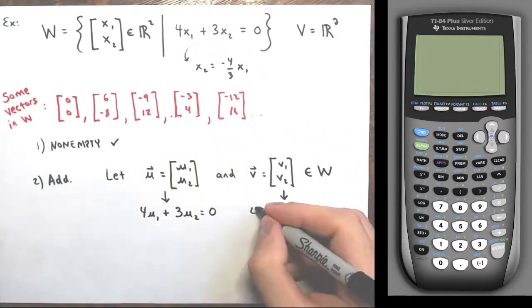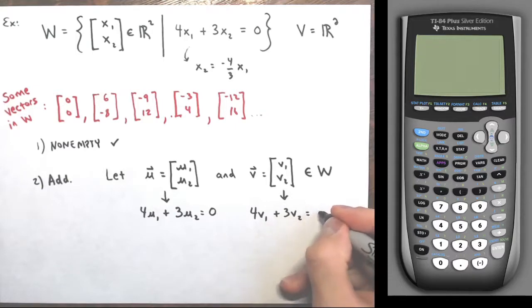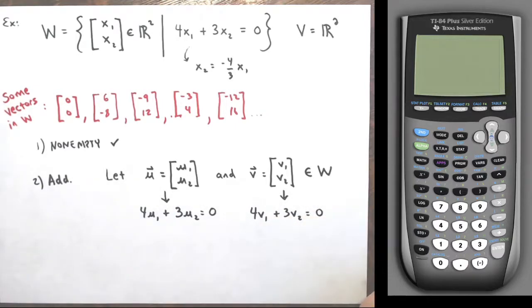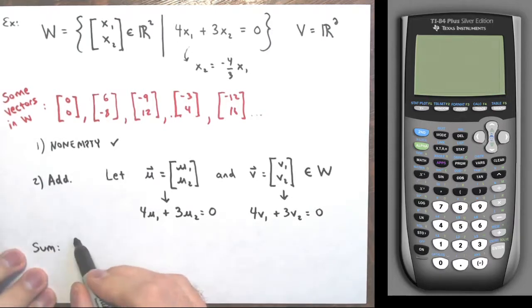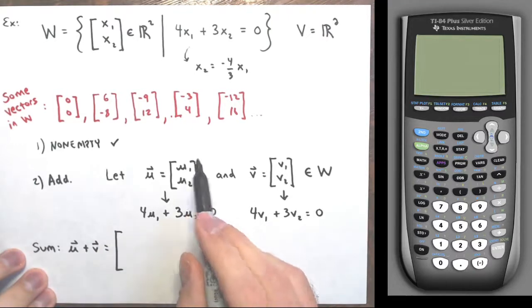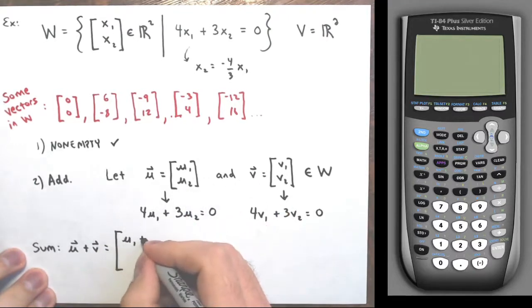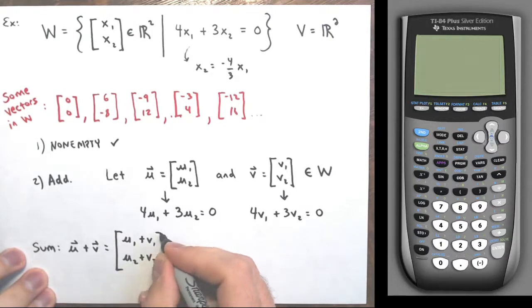So 4 times v1 plus 3 times v2 should be equal to 0. All right. Now look at their sum, u plus v, using the standard definition of vector addition here. That'd be u1 plus v1 for the first component, u2 plus v2 for the second component.